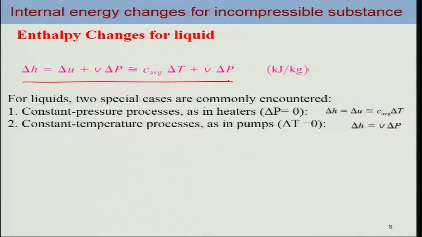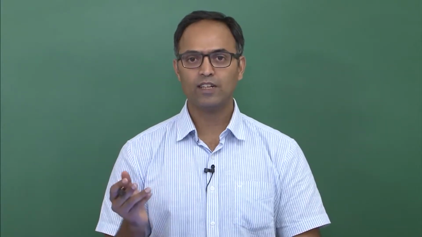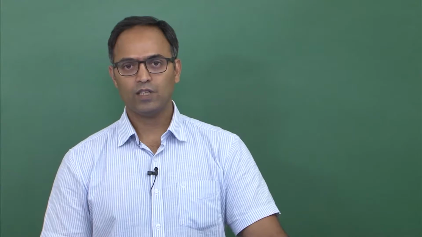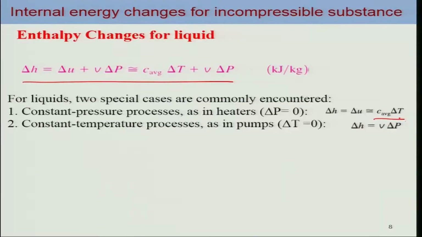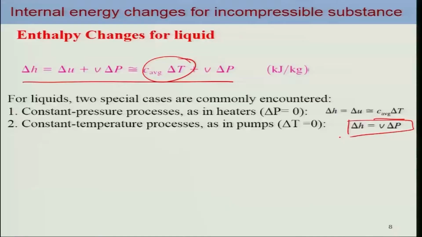Now, there are two specific cases. The first case is a constant pressure process, where we can consider delta P to be 0. In that case, your change in enthalpy is simply C average delta T. The other case is where temperature is constant, that means delta T is 0, which means the first term is 0 and delta H is equal to V delta P. Now, if you recall, earlier we approximated the enthalpy of a compressed liquid by its saturated liquid value at a given temperature.